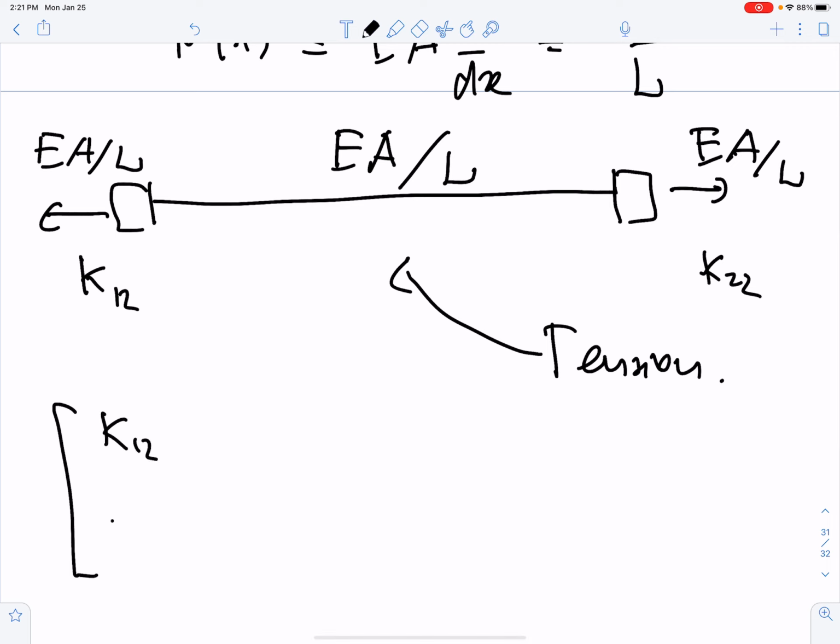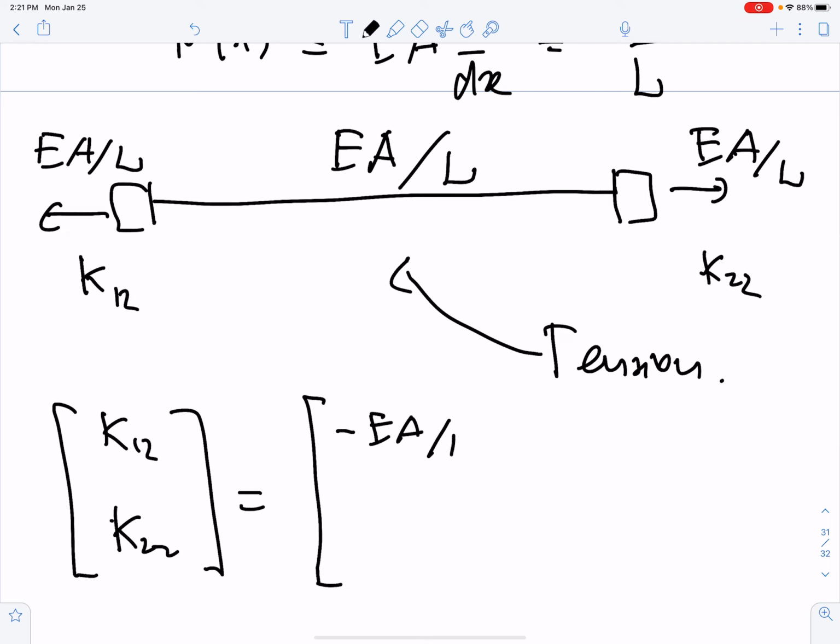So K12, K22 equals minus EA over L, EA over L. For each unit of displacement, I found a pair of forces given by these expressions here.